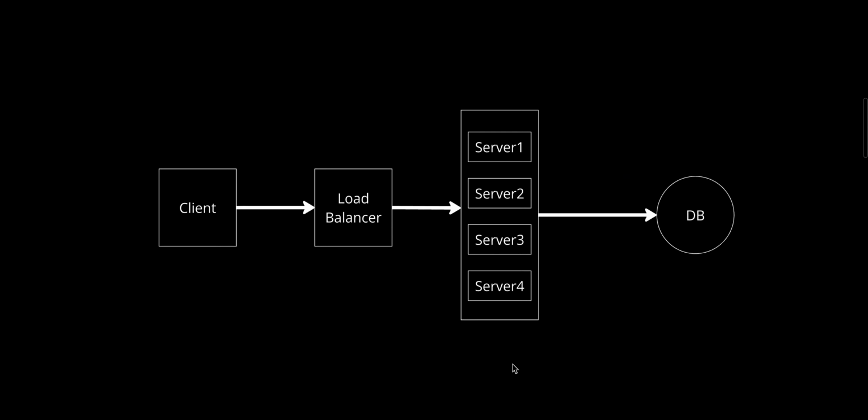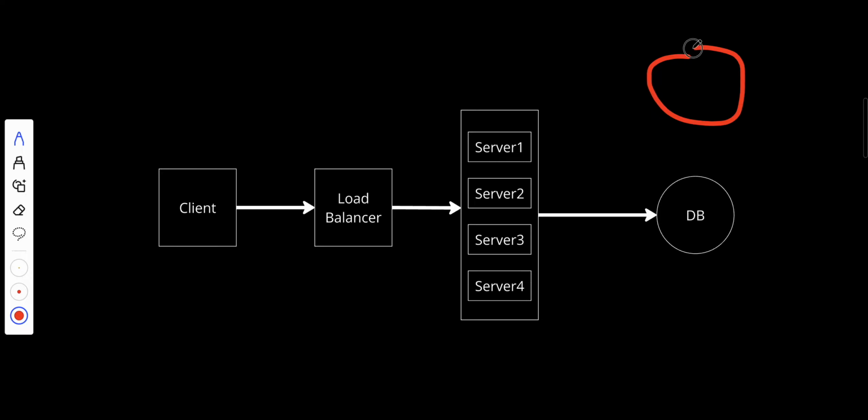Okay, let's take an example here. We have our system and we have only one database, and we want to add redundancy to our system, so we add another database server. We have monitoring systems that monitor the health of our database, and our monitoring system detects that our database has failed, that it is not working for a period of time.